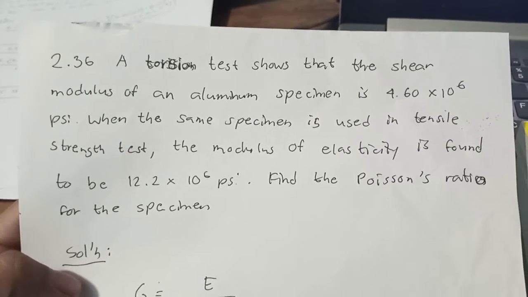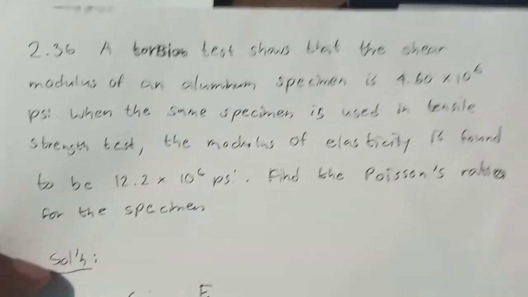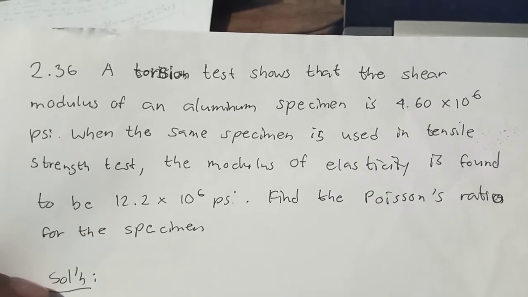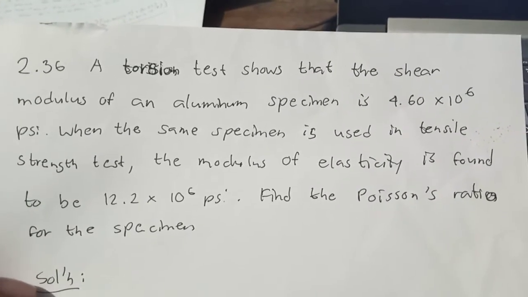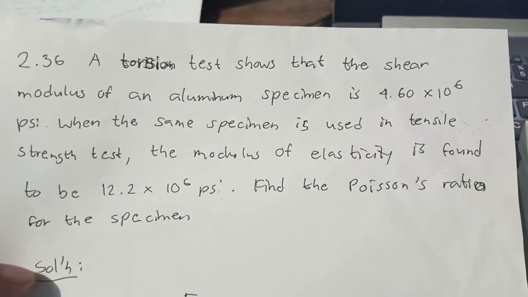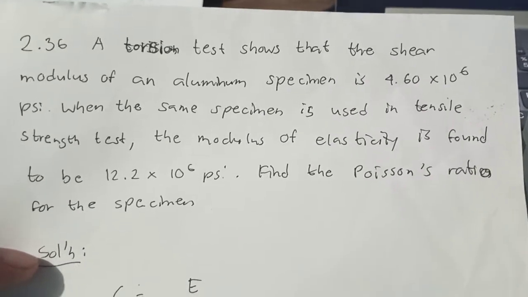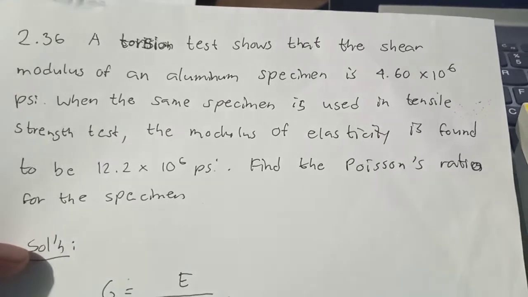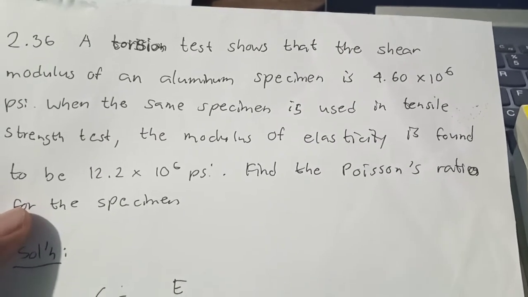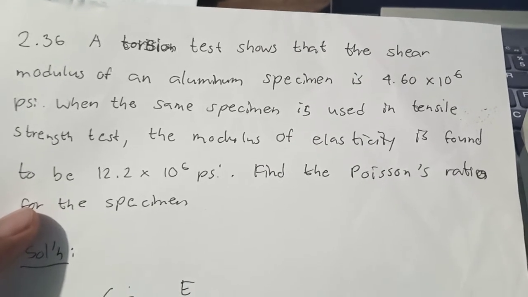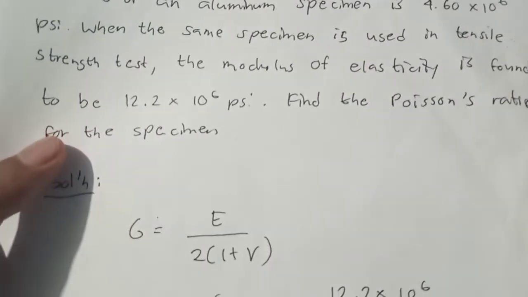For this problem, we just use this formula. What is given is the shear modulus, G, and we find the modulus of elasticity, E, and the Poisson's ratio. We just substitute.